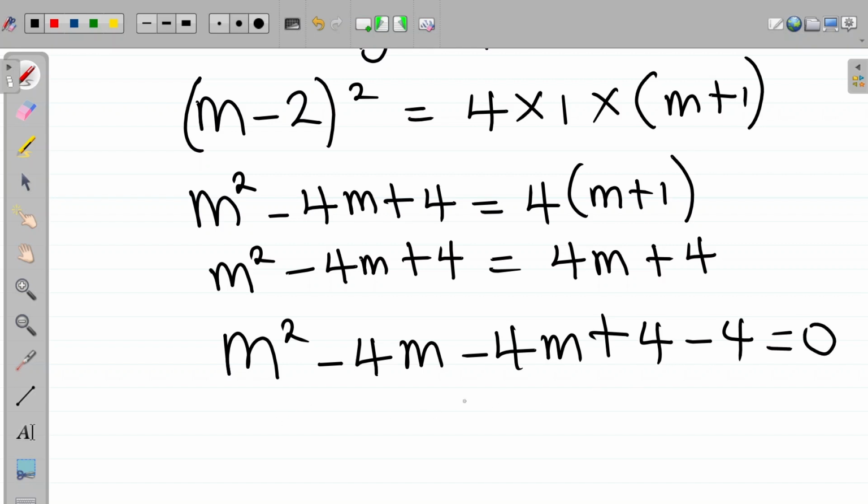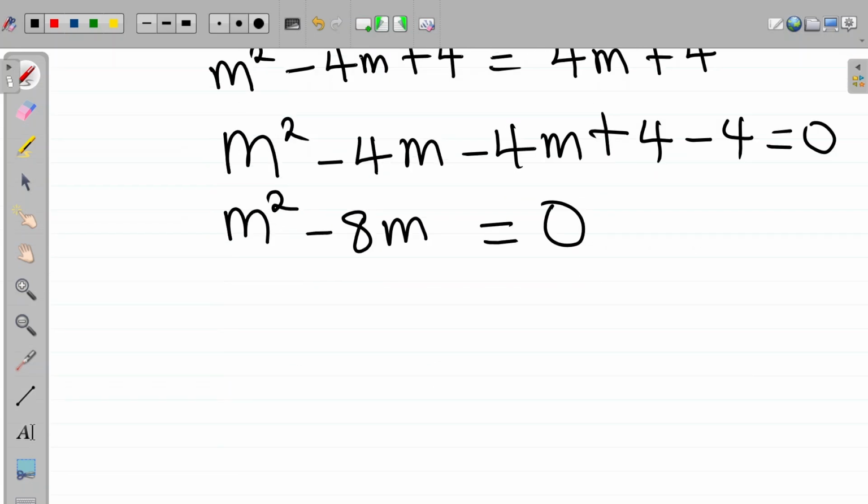So we have that m squared minus 8m plus 4 minus 4 is equal to 0. So we have our equation equal to 0. Now, since we have m squared minus 8m, we can factorize m. So the equation becomes m(m minus 8) equal to 0.